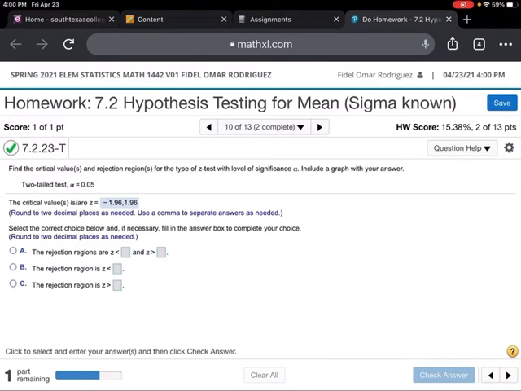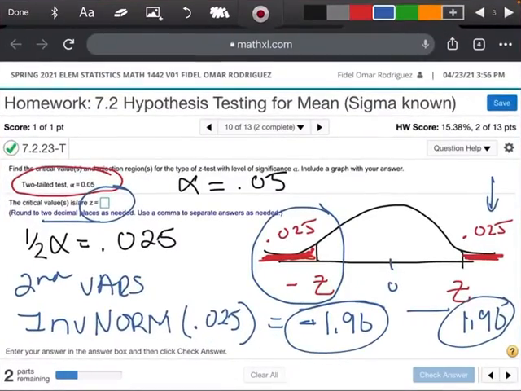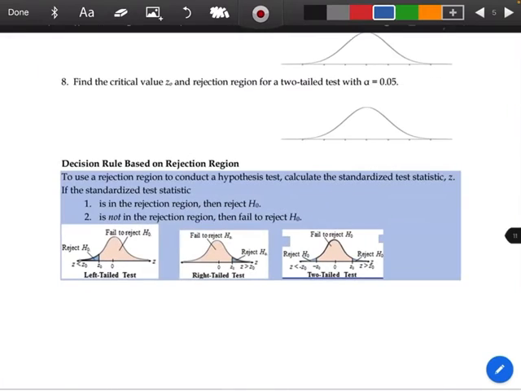So let me show you what they mean by this part. The second part is asking me about my rejection regions. So if I come back to my notes, here we go. So I'm looking at a two-tailed test. Here's my two-tailed test. Look at my rejection regions. My rejection regions is the area to the left, or when z is smaller than that value, and when z is bigger than the other value.